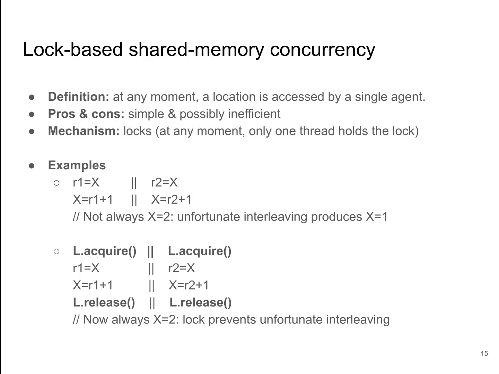Now in the presence of this protection, acquire and release, the unfortunate interleaving does not happen. Let's say that the left thread executes the first instruction here and acquires the lock, and then it can read and write to the location X. But if this thread has acquired the lock and holds it, the right thread cannot enter this line, because it should wait for the left thread to release the lock.